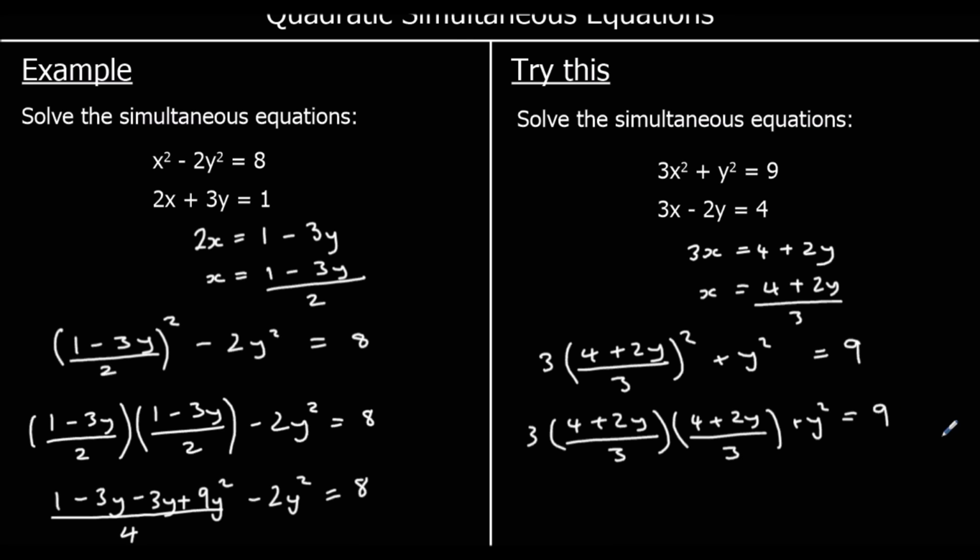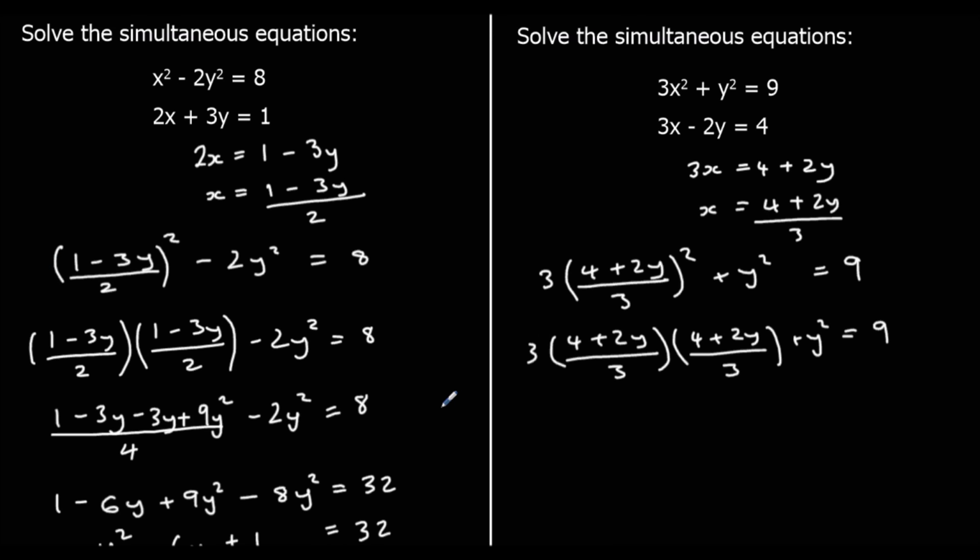We're going to treat them like fractions, so we're going to times the top and times the bottom. So this whole expansion is multiplied by 3. And the bottom is 3 times 3, which is 9.